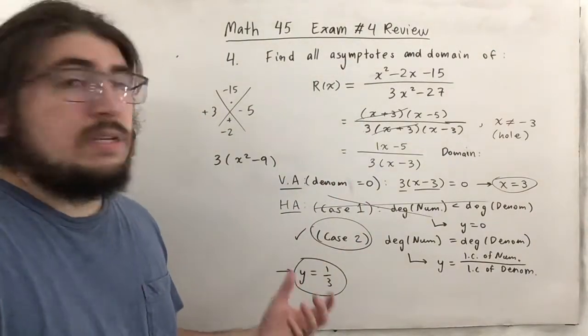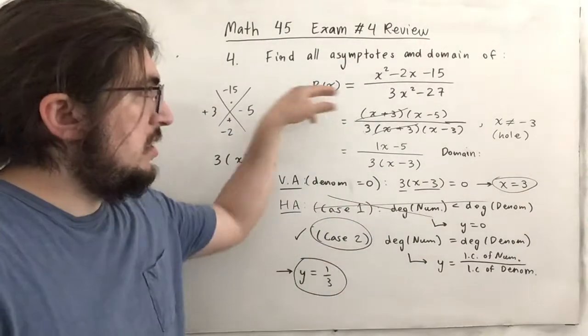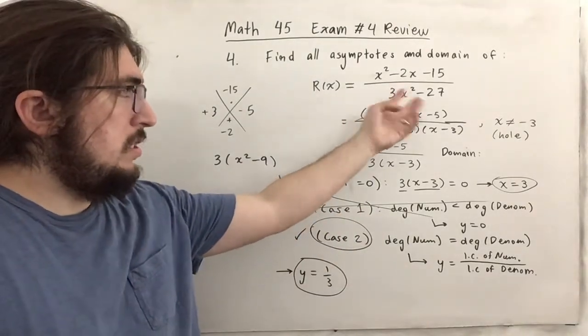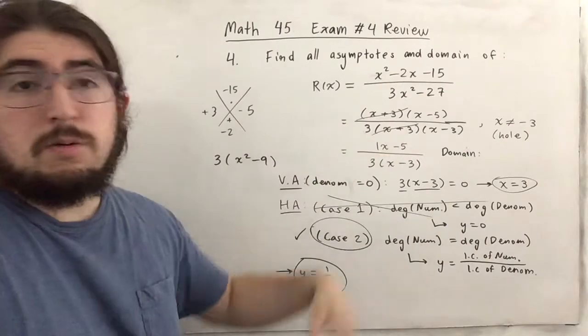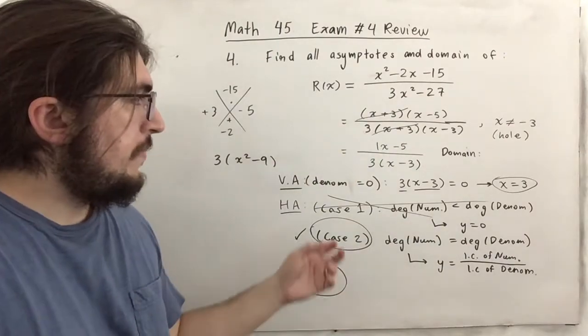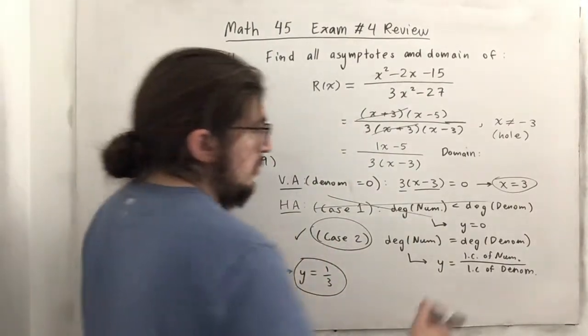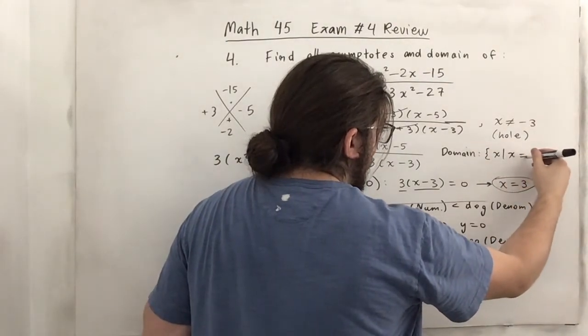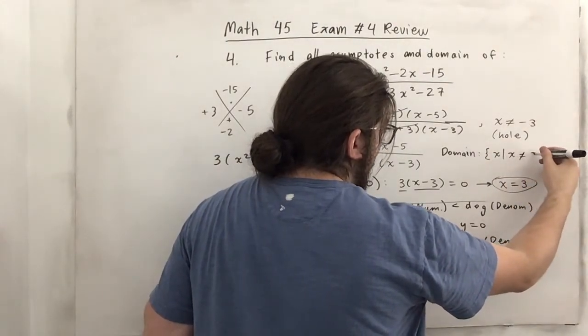And in fact, the way you always find the domain is before cancellation, just set denominator equal to 0. And when you set this equal to 0, you'll end up getting x equals positive 3 and negative 3 anyways. Good. So the domain is the set of all x values such that x cannot be equal to 3 or negative 3.